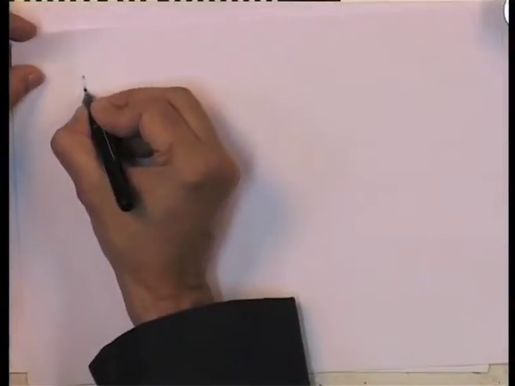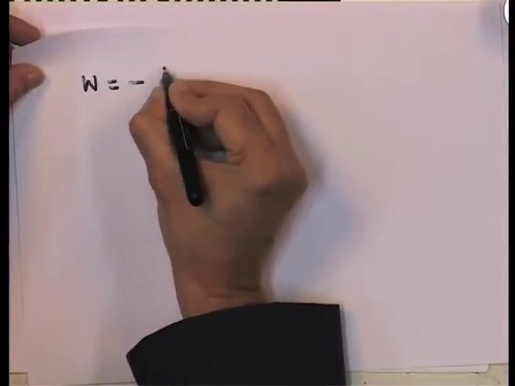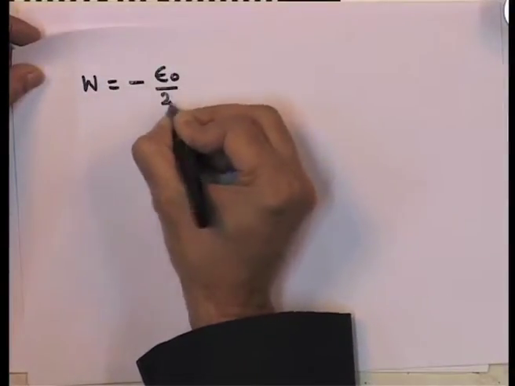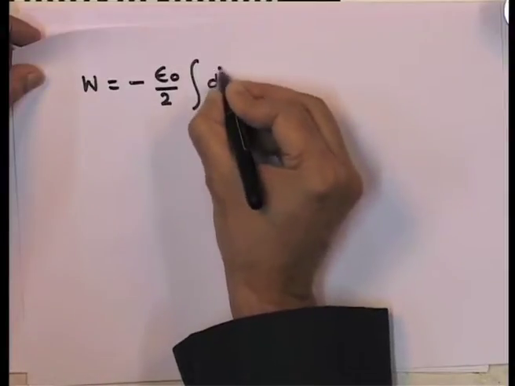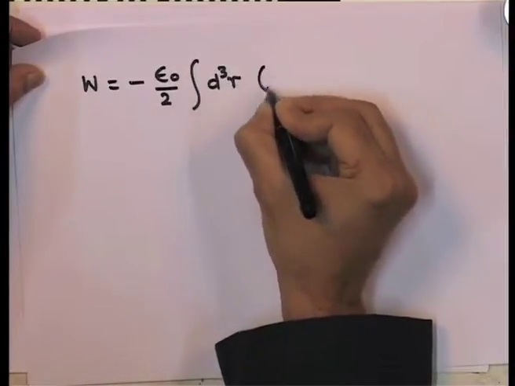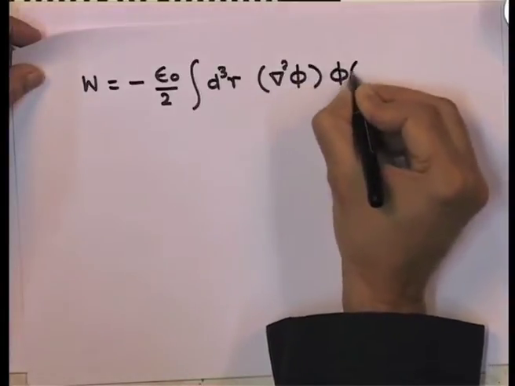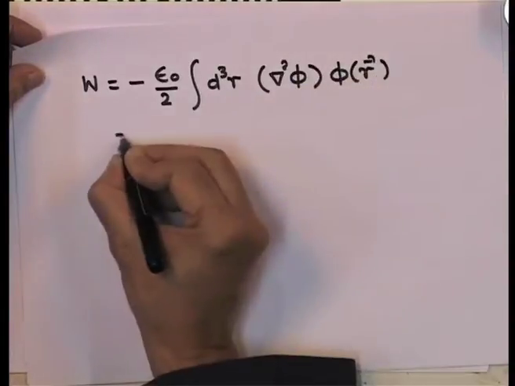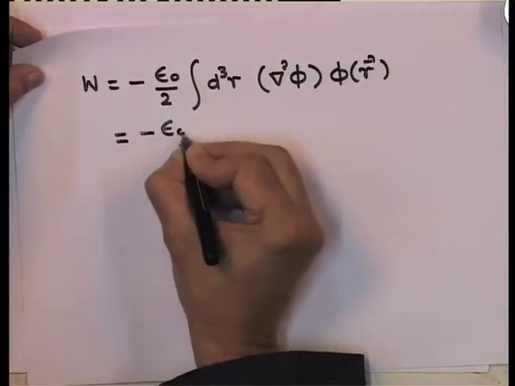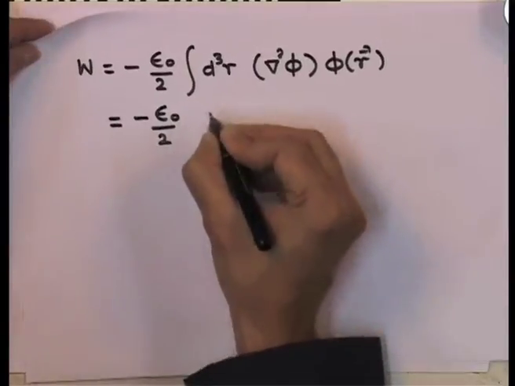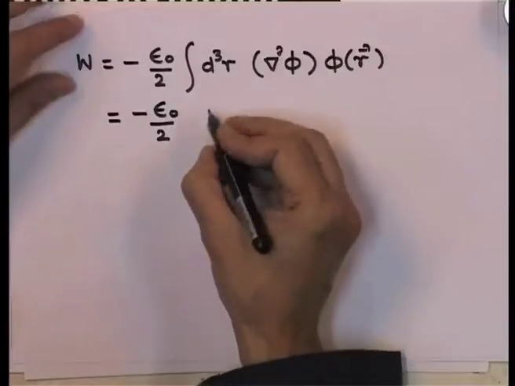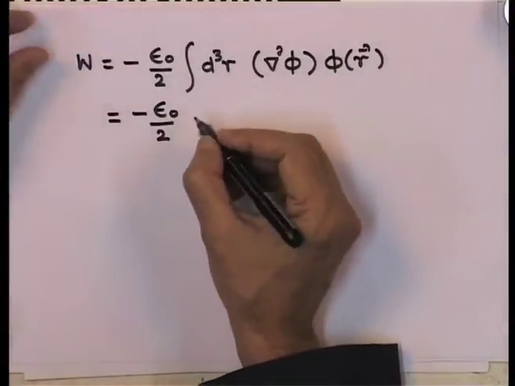So, let us rewrite it. W is equal to minus epsilon 0 by 2 integral dq bar del square phi of r, and by using this identity, what you have written down is given by two terms now.